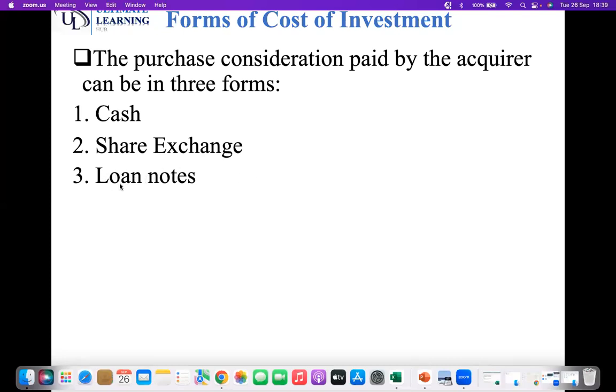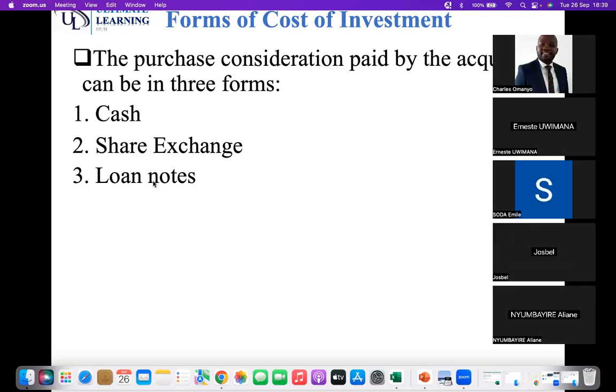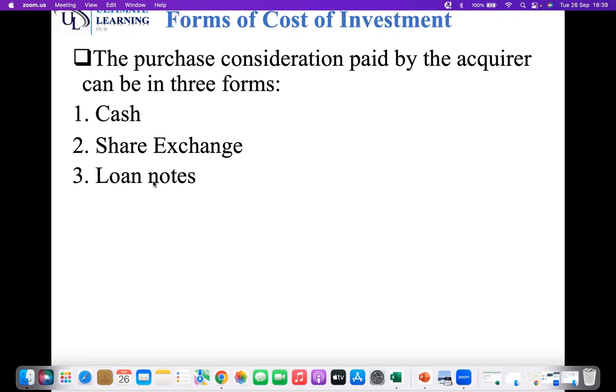However, loan notes we had already accounted for in the last session. When you acquire a subsidiary, as an example, and you also acquire a loan in that subsidiary, the amount of loan you acquire reduces the amount of purchase consideration.